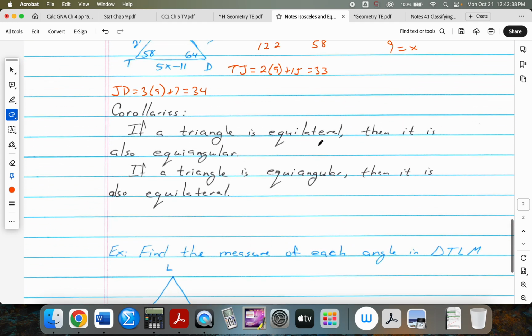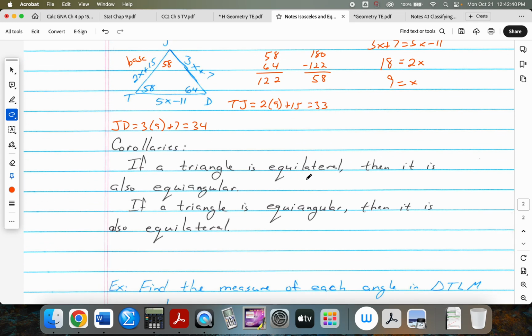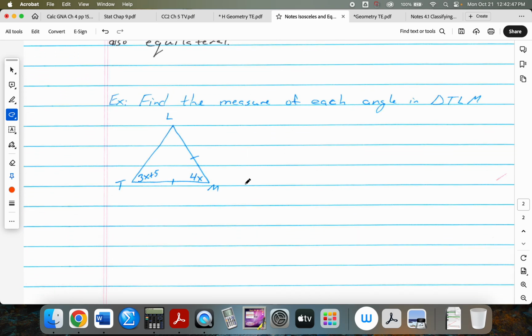All right, so if all three sides are equal, then all three angles are equal, and vice versa. If all three angles are equal, all three sides are equal. All right, this one has nothing to do with those two corollaries, but let's find the measure of each angle in this picture.